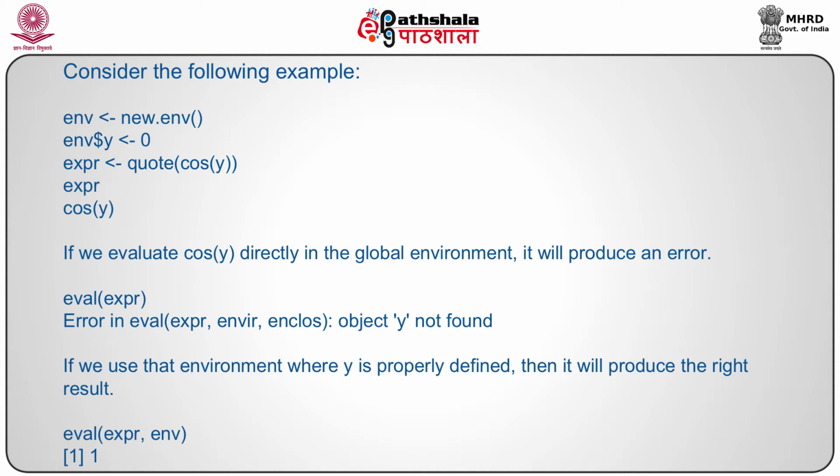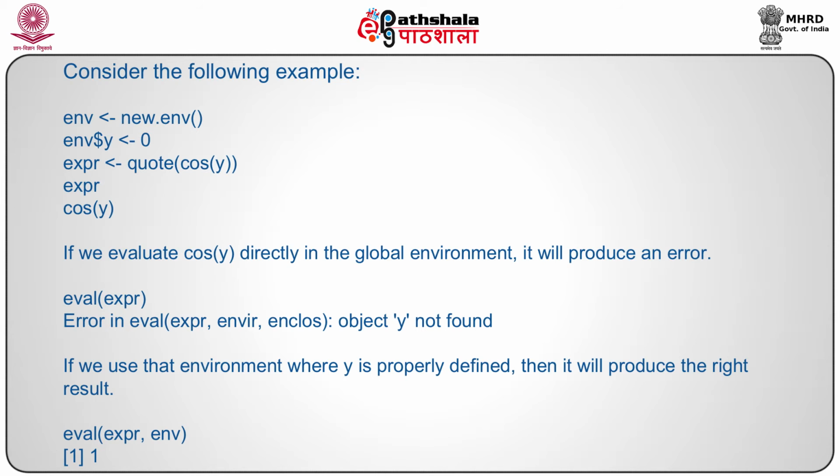So if we calculate cos(y) directly in the global environment, it should produce an error. So what is the error? The error is: Error in eval(expr, envir, enclos): object 'y' not found. So instead, if we evaluate it in an environment where y is properly defined, then it should produce the right answer. So just add the envir argument within the eval function and finally we will have the output. And here is the output.